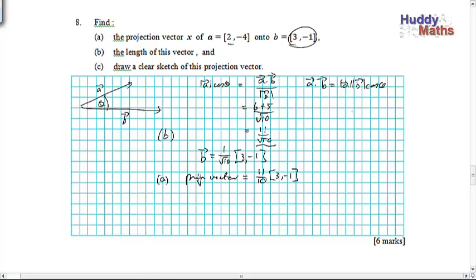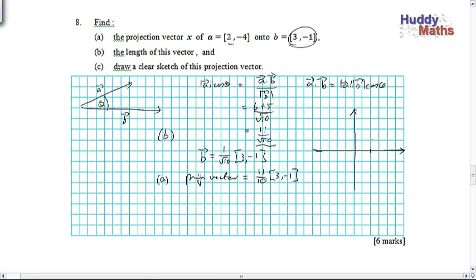(2, -4), let's do it over here, running out of room here a bit. Here it's the vector (3, -1), so I think we better do it all.